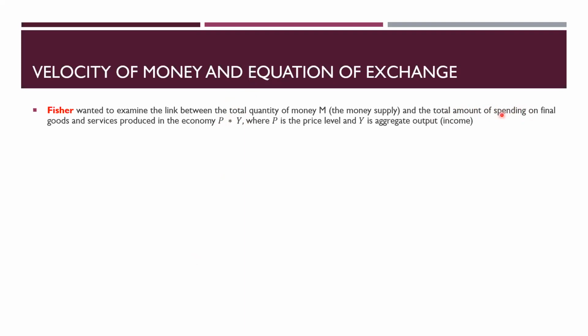So total spending is the amount of expenditure in the economy, because you are simply multiplying the price level by the total amount of output, where P is the price level and Y is the aggregate output or income. Total spending, P times Y, is also thought of as the aggregate nominal income for the economy, or nominal GDP.